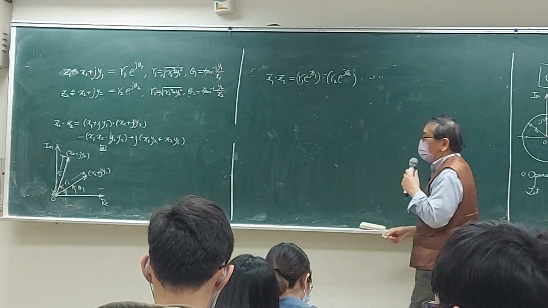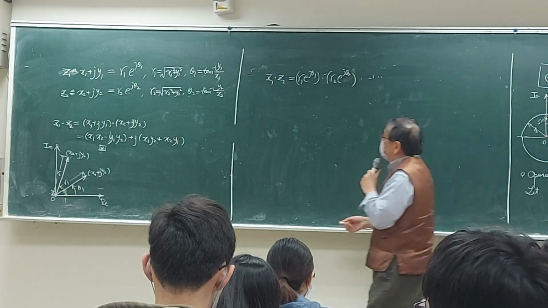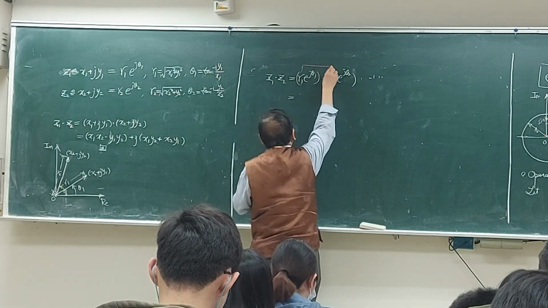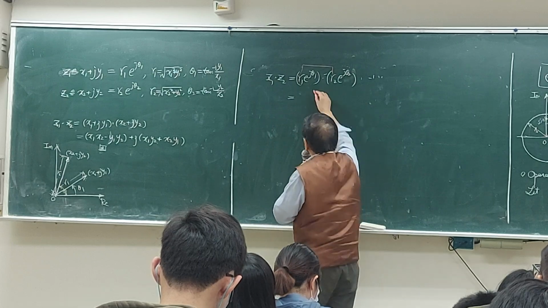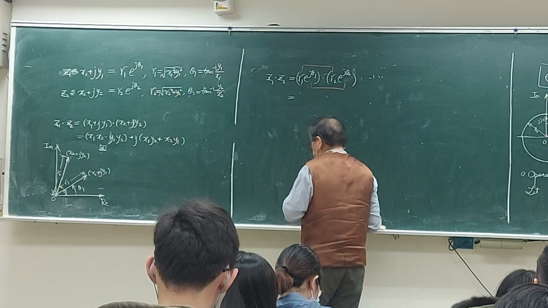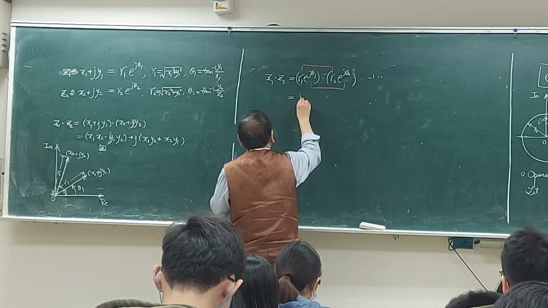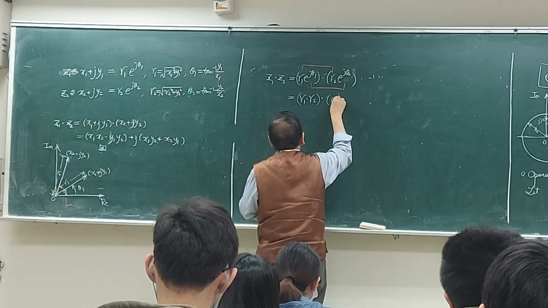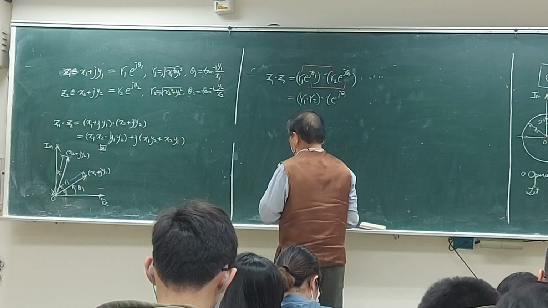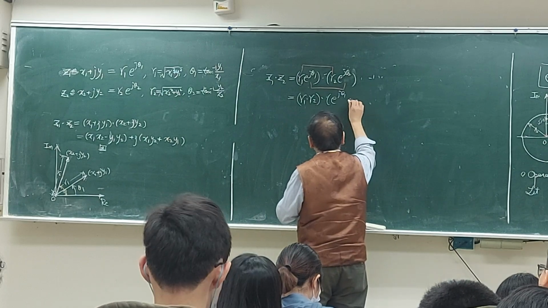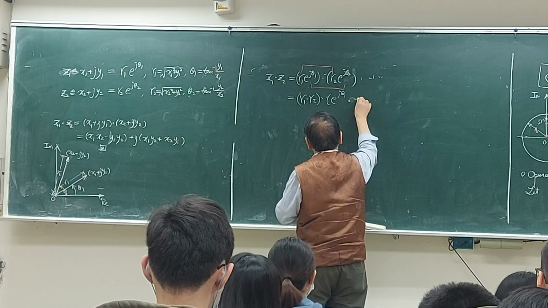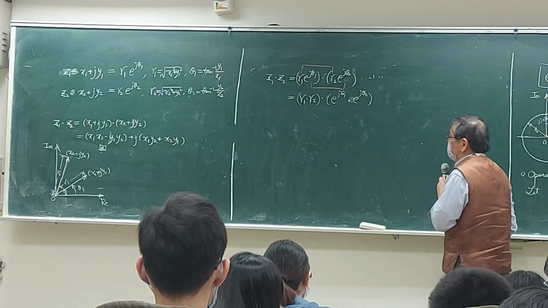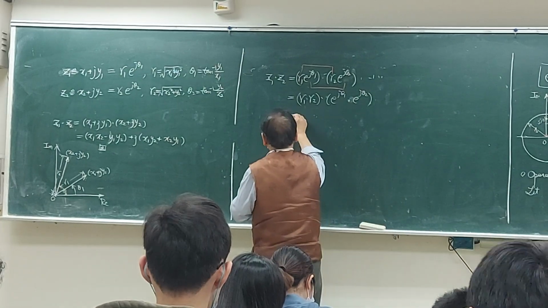Now let's combine the magnitude with magnitude, and e to the j theta 1 with e to the j theta 2. So R1 times R2 times e to the j theta 1 times e to the j theta 2. R1 times R2, that is the magnitude.